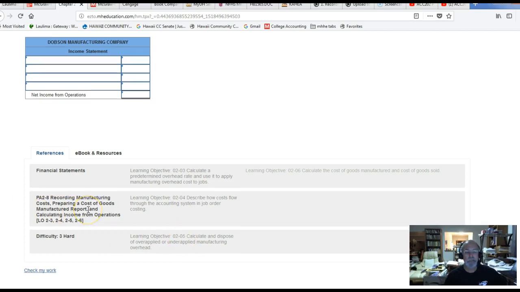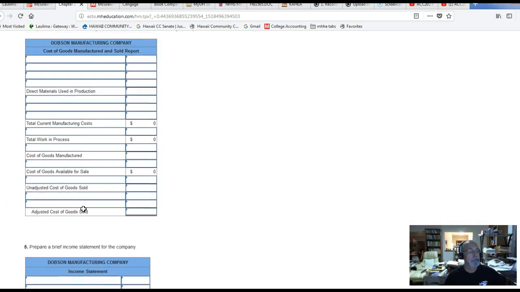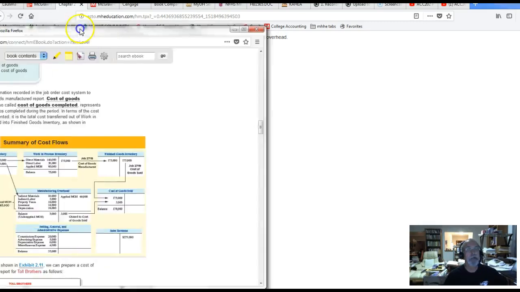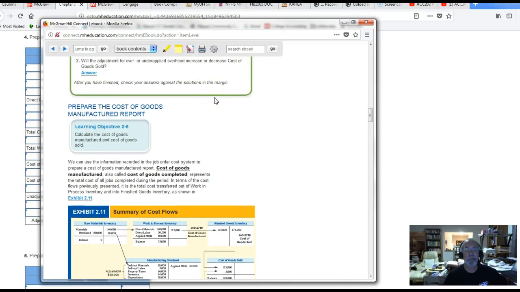So what I did is I opened my library tab in Connect, which is where the ebook is located, and I found a section in the text under Learning Objective 2-6, and that's interesting because Learning Objective 2-6 isn't listed at the end of the problem in Connect, but at any rate, if you do enough searching, you can probably find the text section that gives you the guidance that you need to complete portions of the problem.